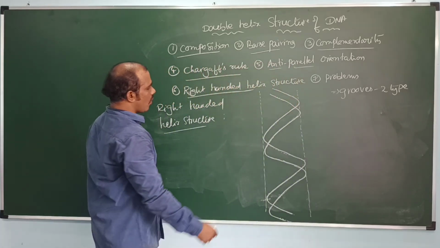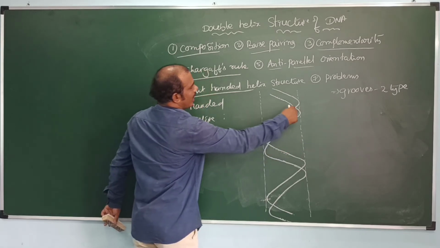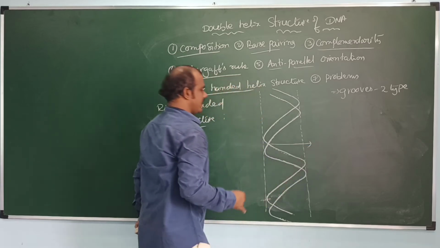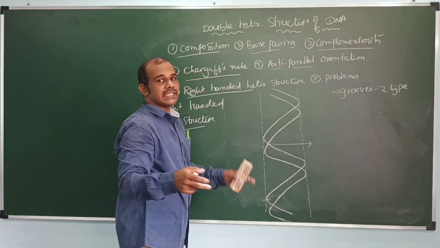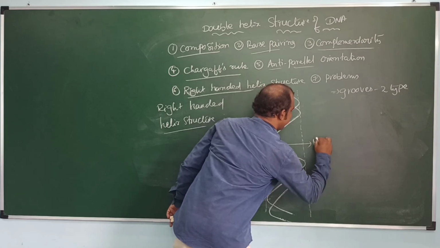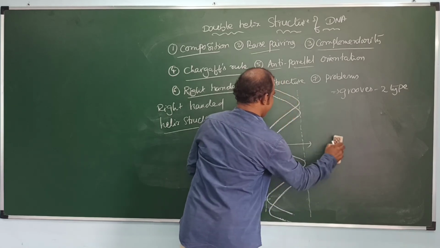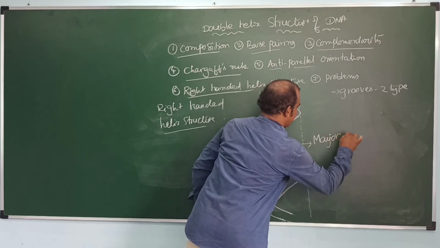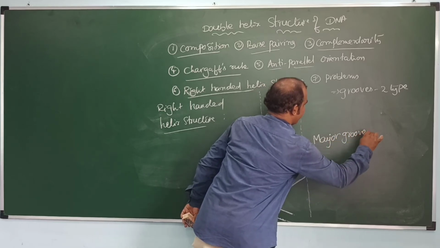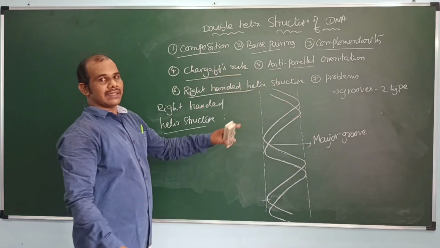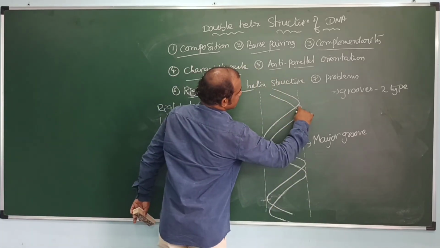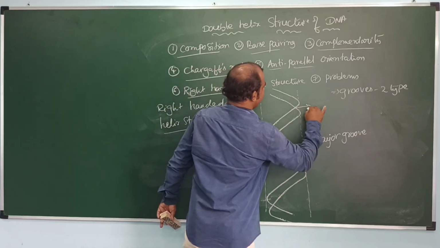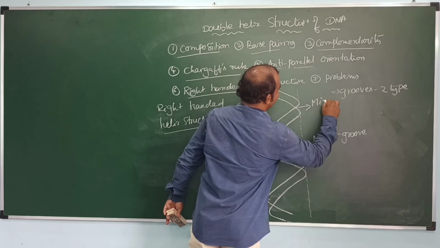One is a deep groove, one is a shallow groove. The deep groove, which is wide, is called the major groove. The other groove, which is shallow and narrow, is called the minor groove.